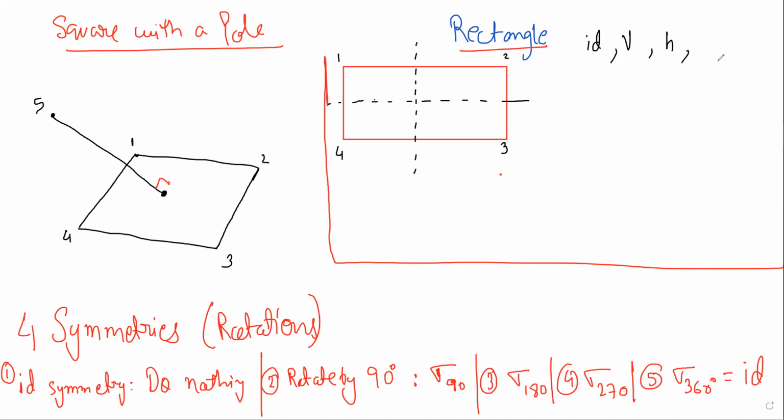And then there is another complicated symmetry, right? What notation should I give for that? These are symmetries.